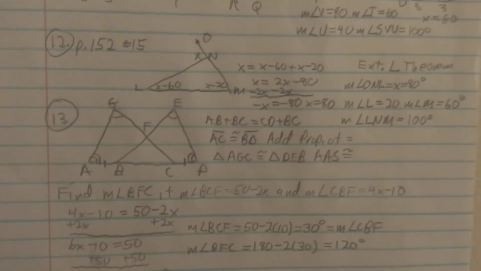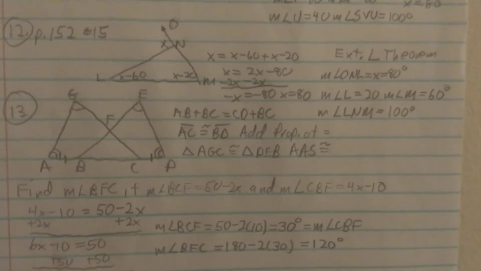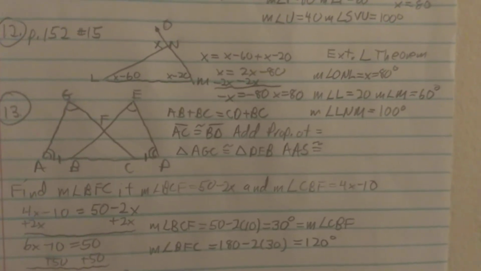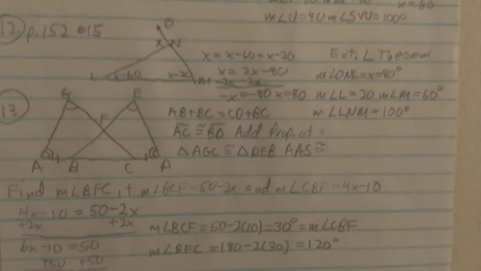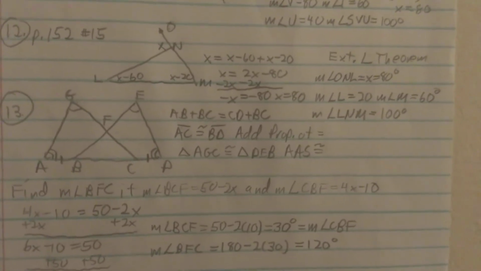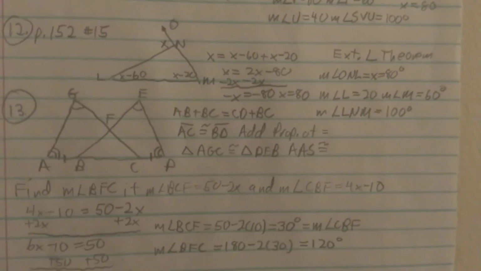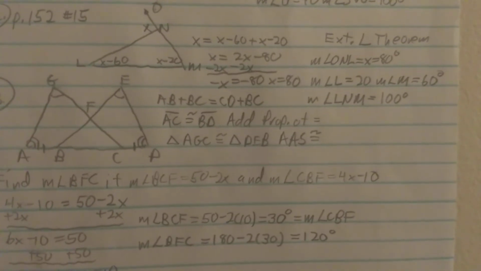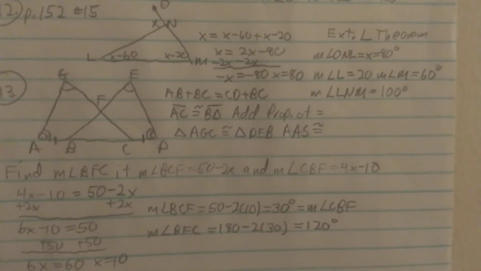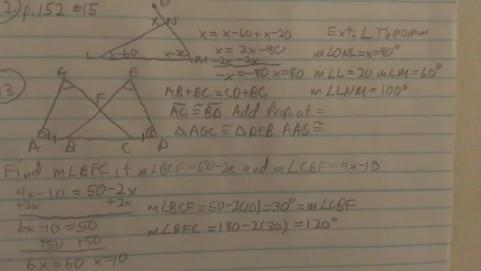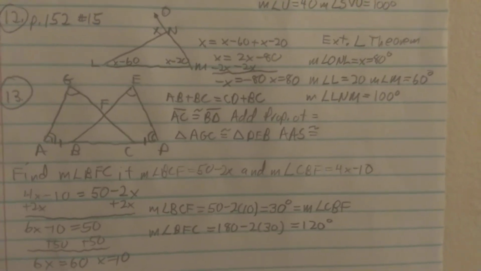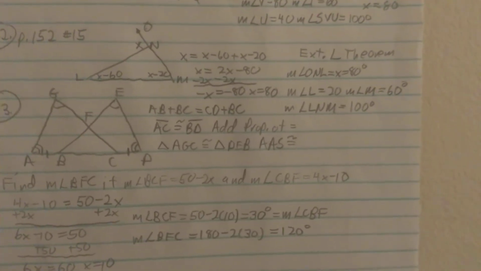Now question 12 is finding the exterior angle x with two remote interior angles, which is equal to x minus 60 plus x minus 20. So doing the algebra, we have x equals 2x minus 80. Subtracting 2x, we have negative x equals negative 80, or x equals 80.